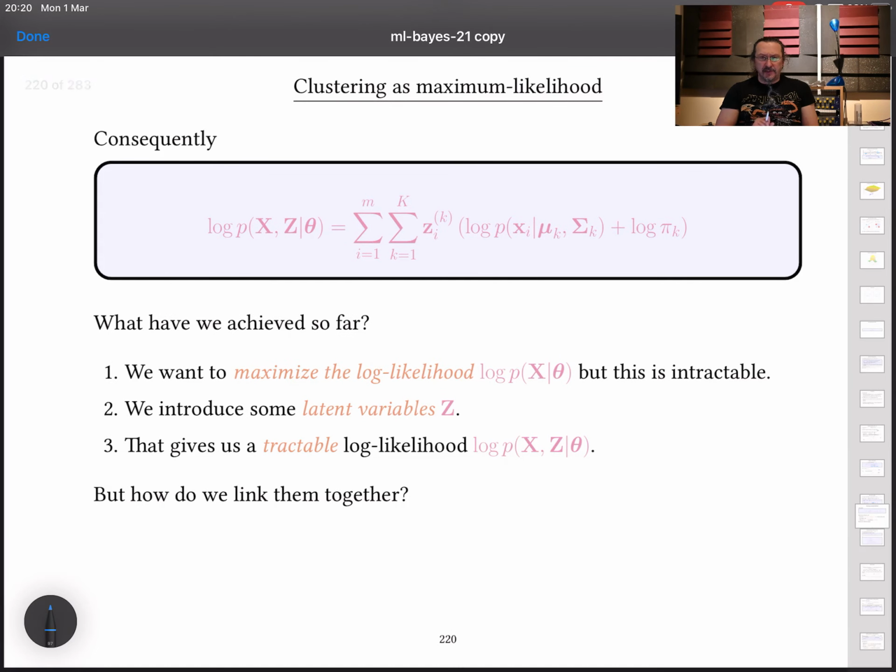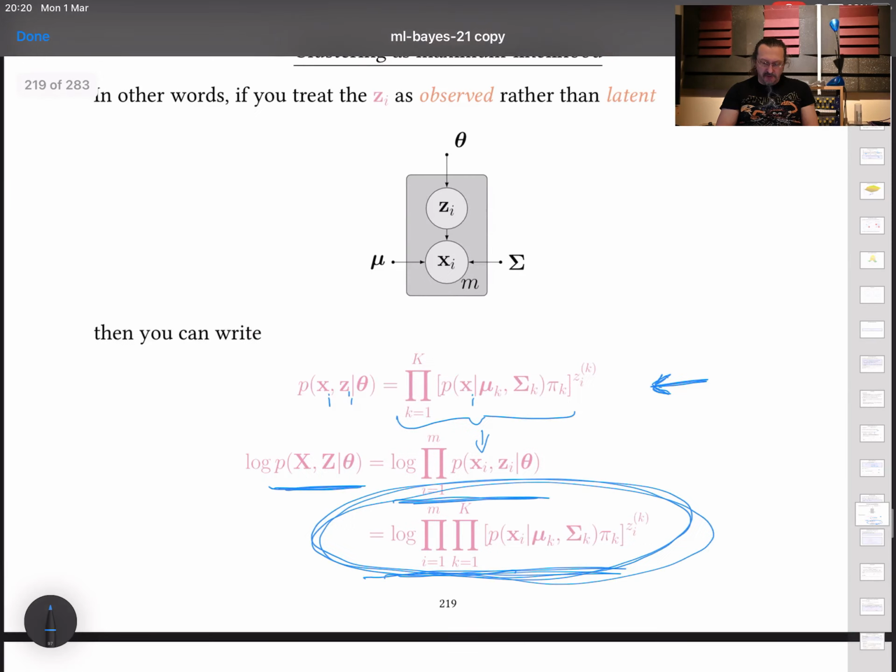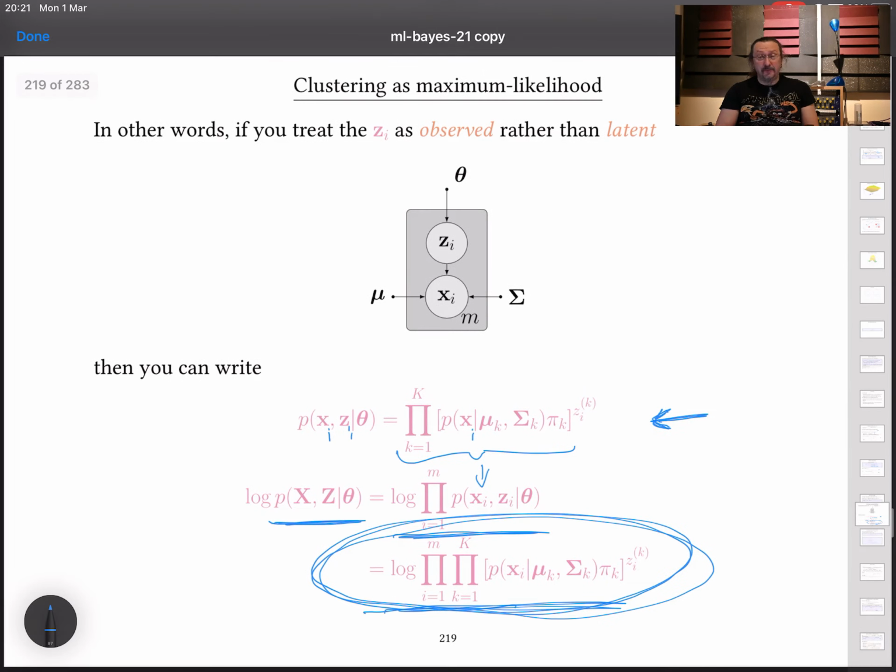Now, this is just a summary of where we've got to. The shaded box here has the expression from the previous slide. I've just taken the log through the two product signs, and then having turned the product signs into sums, I've used the log just to split this up into a couple of pieces.